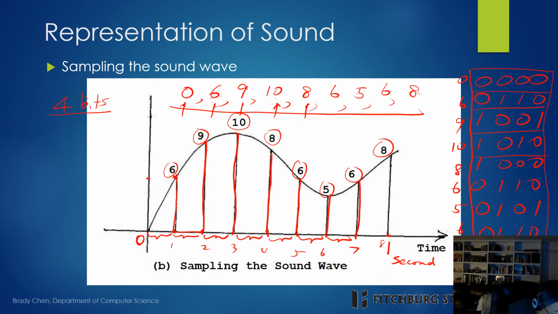Now the reason we can store this in 4 bits is because the largest amplitude is just a 10. Okay, so that we can store in the 4 bits.